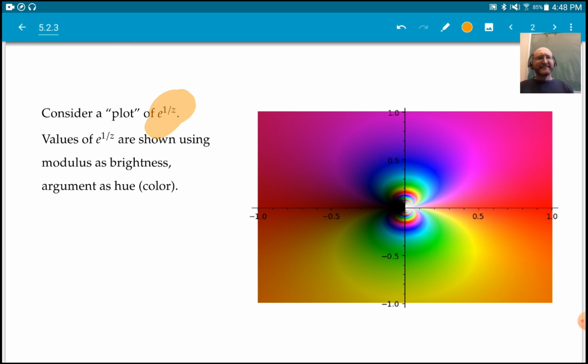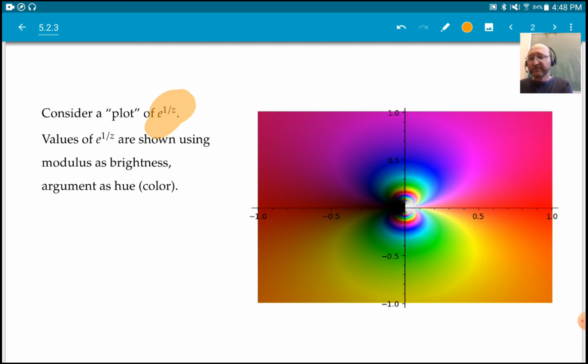Now, it's really hard to draw a graph, right? Because I'd need 2 real dimensions for the domain and 2 real dimensions for the codomain. I'd need 4 dimensions to draw a graph. But this is actually a neat way of visualizing. We can visualize the modulus by brightness.